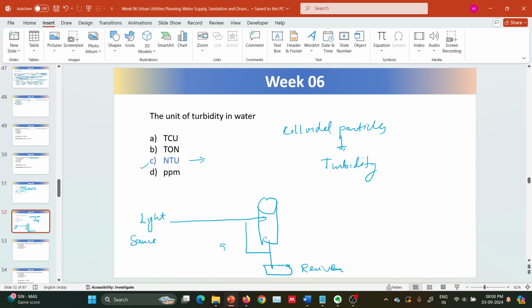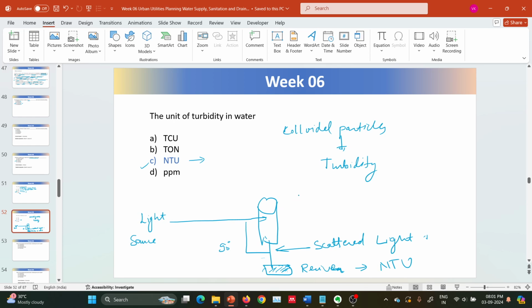At 90 degrees the scattered light, whatever light is received at the 90-degree angle, is collected here. This gives us the reading of NTU.